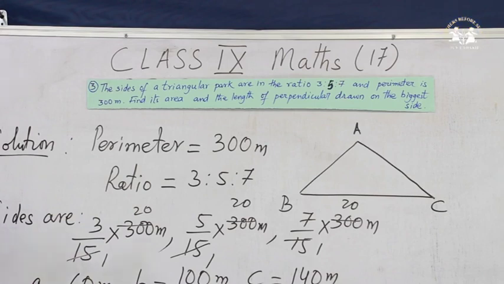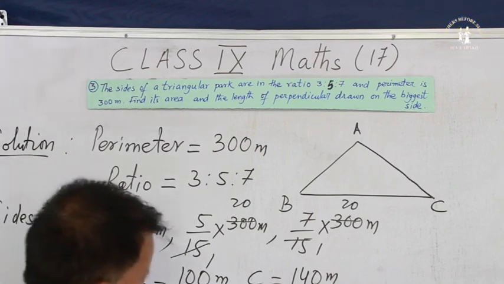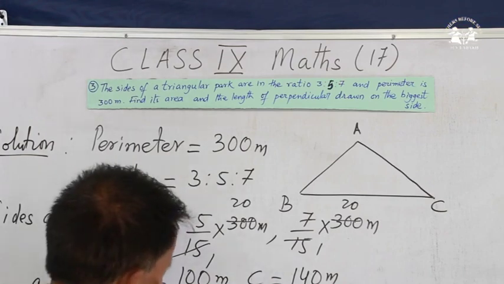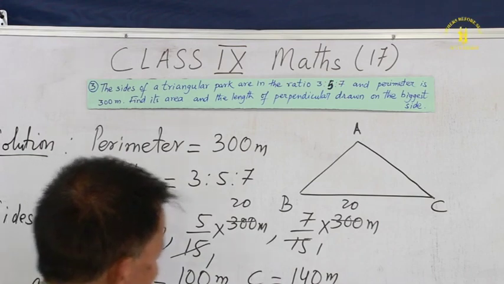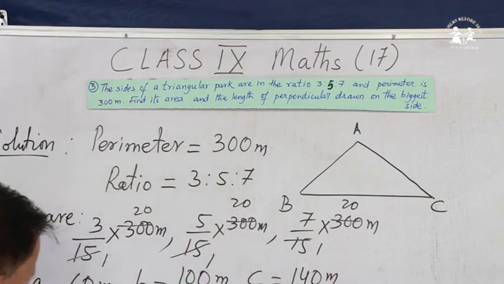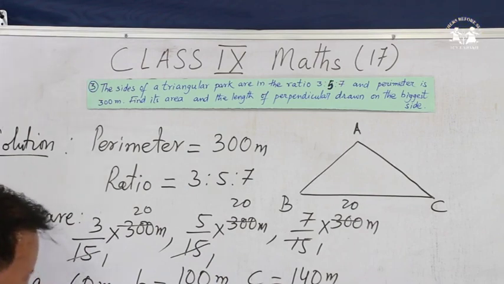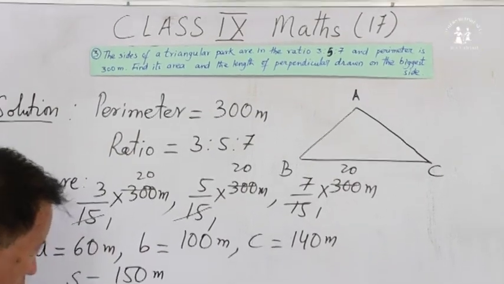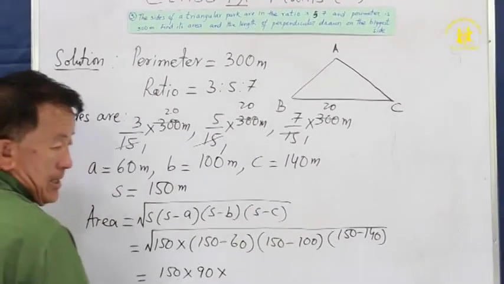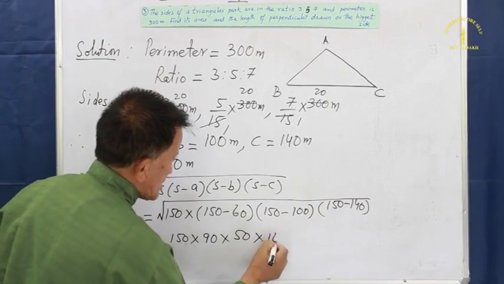So S is 150 into 150 minus A, which is 60, into 150 minus B, which is 100, into 150 minus 140, whole square root. So this is 150 into 90 into 50 into 10.